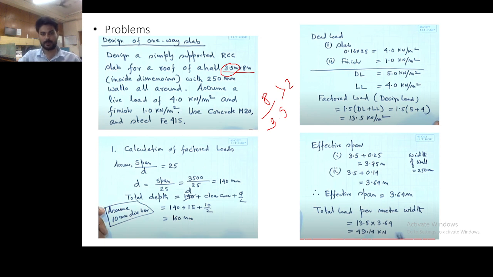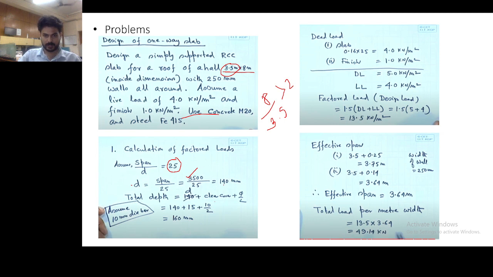So it's a one-way slab. So span we considered as 3500 and span by D as 25, so we got the D as 140.